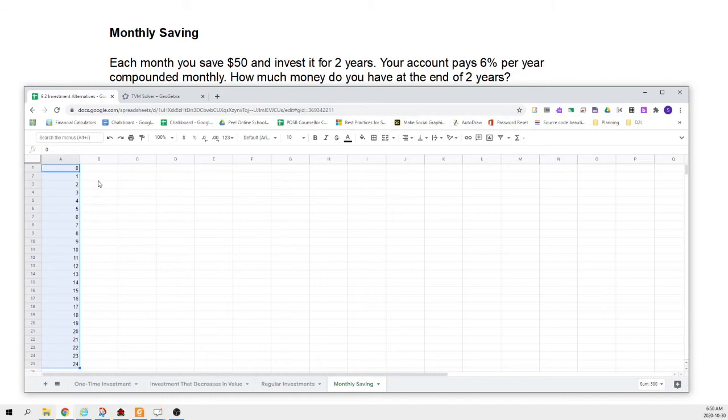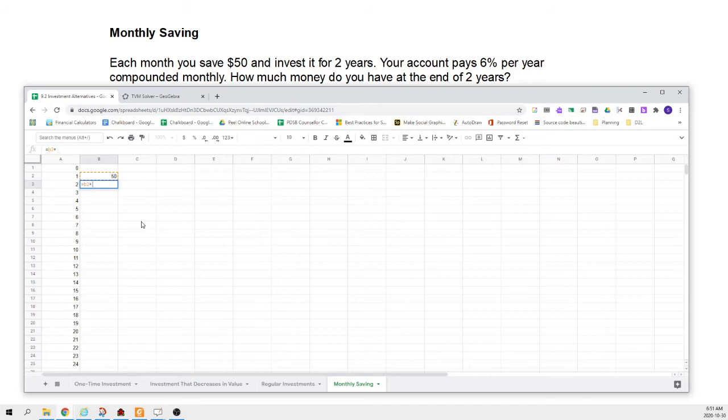So we're going to have 24 deposits. The deposits are going to happen at the end of the month because it takes you a month to save that money. So the first deposit is not happening today, it's happening a month from now. And that is going to be B2.